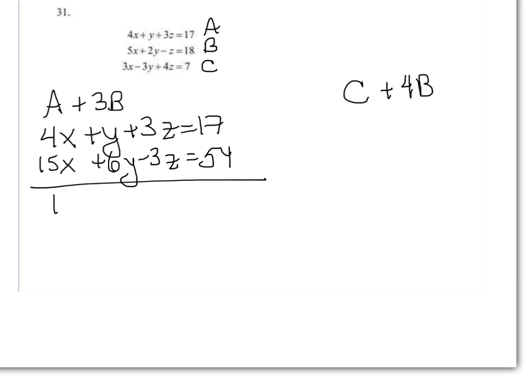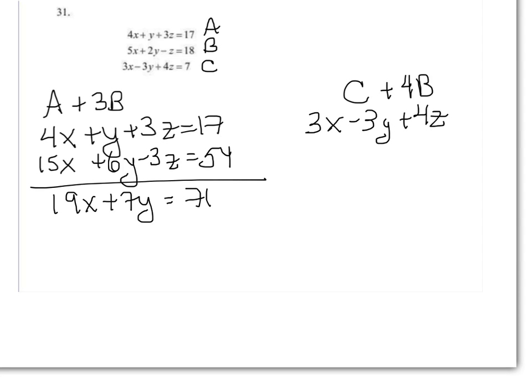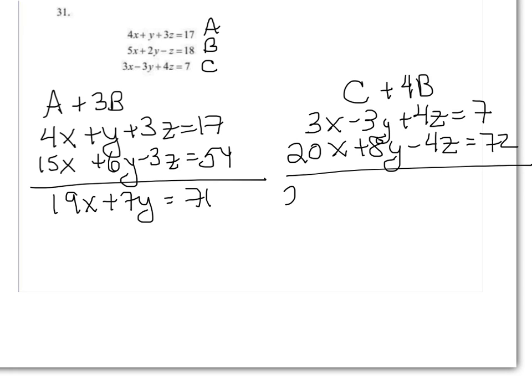And when we add our equations together, we have to repeat that process with C and 4B. So I'm going to take the B equation all times 4. And add them together.